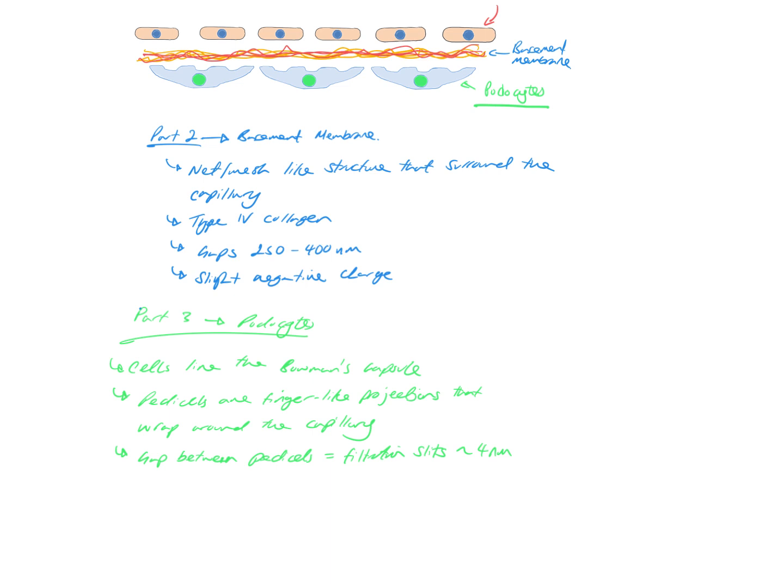And then finally, we're at the podocytes, which line the Bowman's capsule, and these have again only a size of 4 nanometers and differentiate therefore upon size. So overall, molecules that can move through have to have a relative molecular weight of less than 69,000.